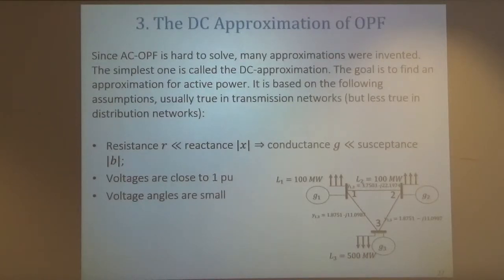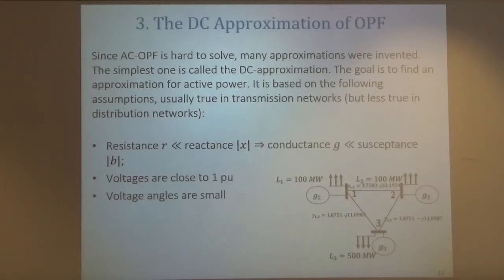You could have things like this in very special cases, but transmission grids normally do not operate in this mode, which means in particular that the complex voltages are very close to the nominal value of 1. The voltage magnitude is close to 1, and the voltage angle, the argument of the complex voltage, is close to 0, relative to some reference, which is, for example, one of the generators.